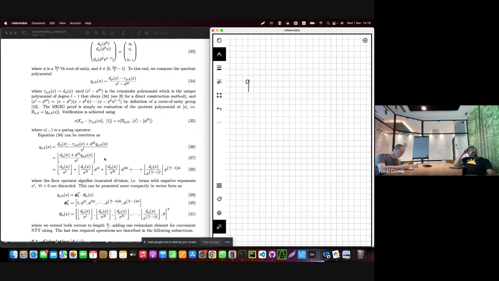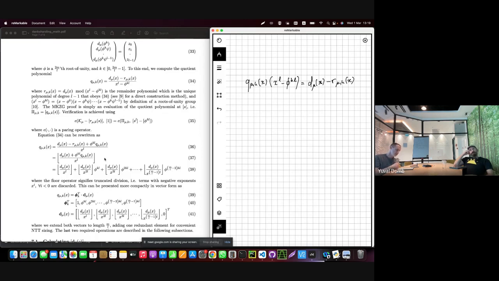We've got mu k of x, and we can multiply it by x^l minus phi_k^l, and that equals, as we already saw, d mu of x. This is just a simple manipulation of line 34. For now, we'll keep the remainder polynomial in place; we can't use the floor operation right now.